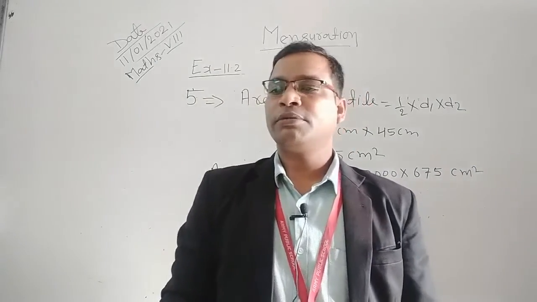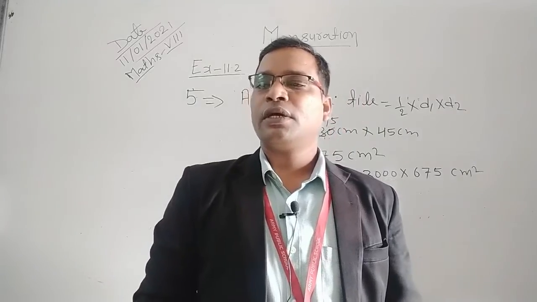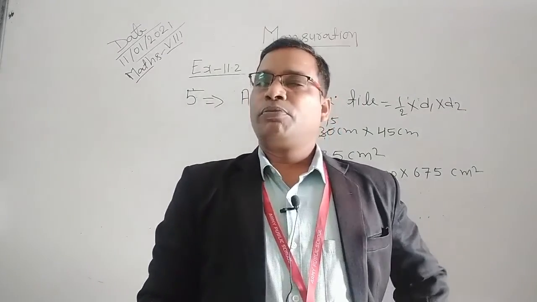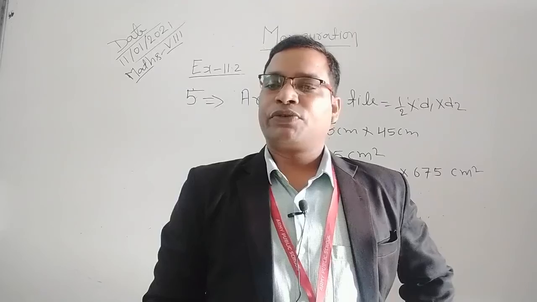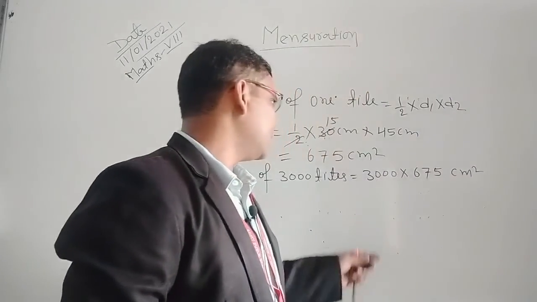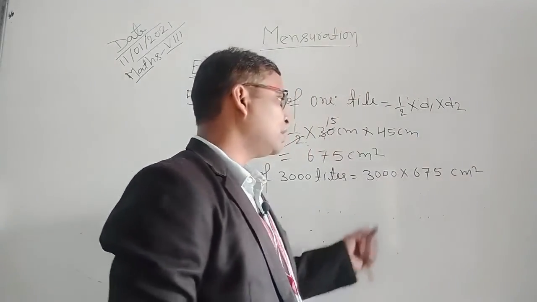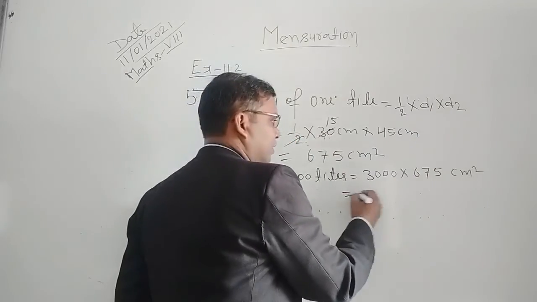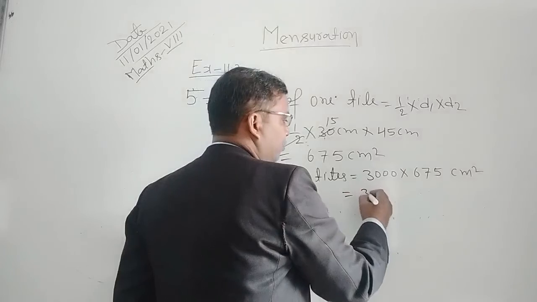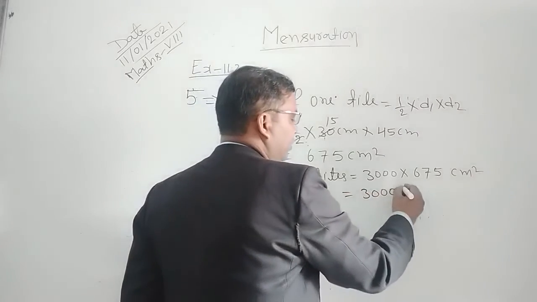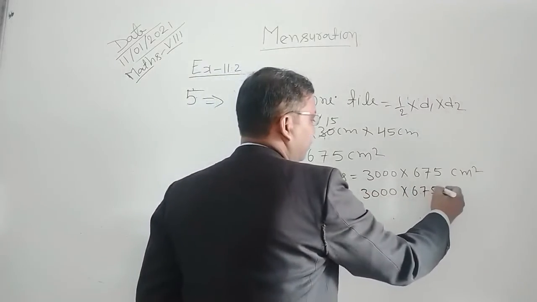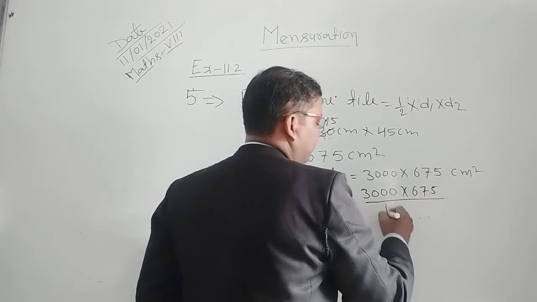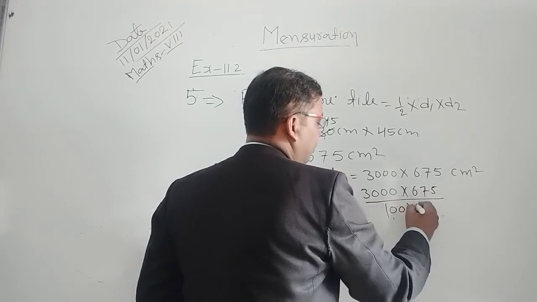The rate of polishing is given, 4 rupees per meter square. But here our area is in centimeters. So if you divide by 100 by 100, then you get the area of 3000 tiles in meter square. This is equal to 3000 into 675 divided by 100 into 100.